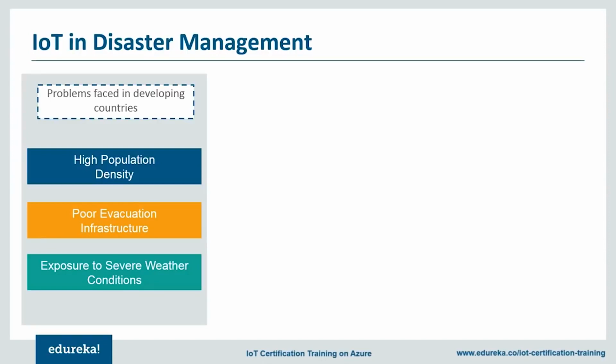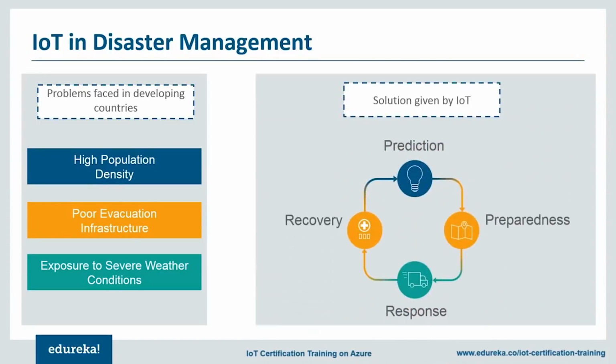As a consequence, according to a study, more than 95% of all deaths caused by a disaster occur in developing countries.